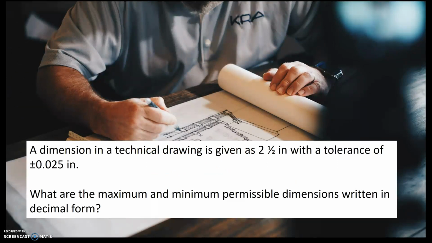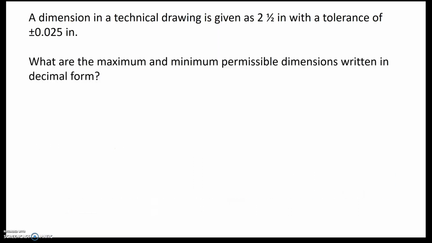The next question involved dimensions. The dimensions in a technical drawing are given as 2.5 inches with a tolerance of plus or minus 0.025 inches. What are the maximum and minimum permissible dimensions written in decimal form? To begin, since we want our answer in decimal form, we need to think about 2.5 inches written as a decimal. This is 2.5 inches.